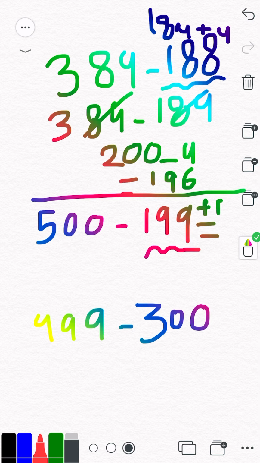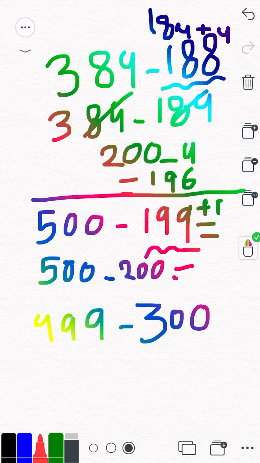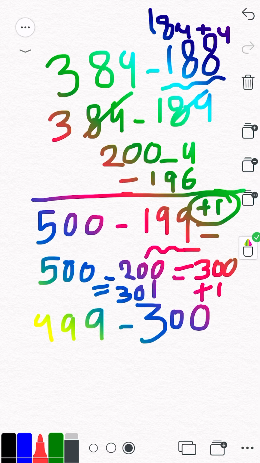So let's say here we're adding 1, that equals 500 minus 200. And the answer here is 300. Now we add 1 because we added 1 here. So the answer is 301. This is the first condition, when the number we changed is the second number.